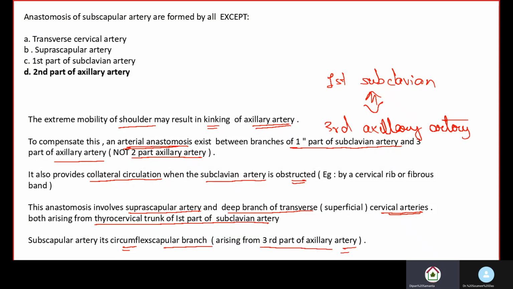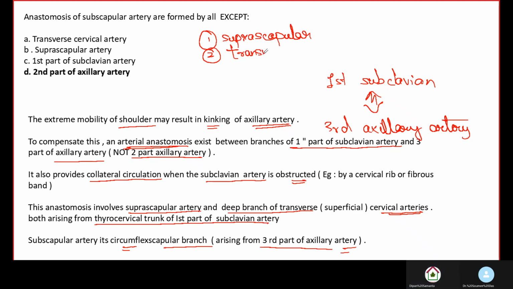So the anastomosis involves what? First of all, the suprascapular artery, number one. So all are arteries, I'm not writing arteries each time. Number two, the transverse cervical artery or superficial cervical artery.